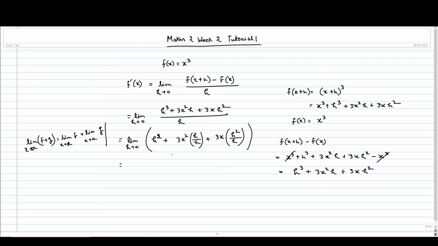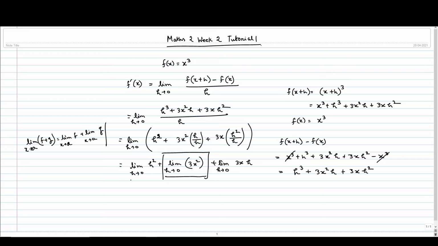So we can apply this here. We get the limit as h tends to 0 of h square, the limit as h tends to 0 of 3x square h by h, where h and h cancel, so this term is independent of h, and here we can write it as 3x h.